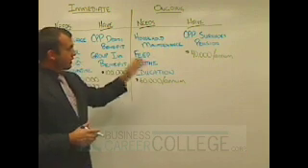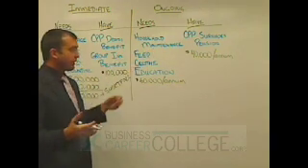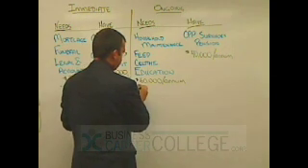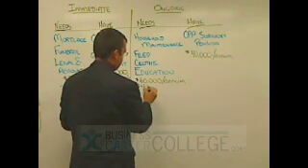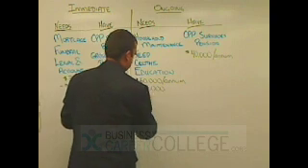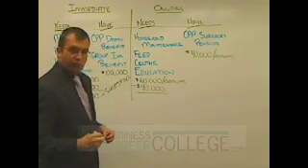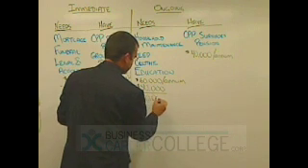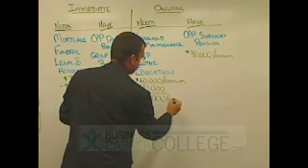We can now go to this side of the equation. We say, okay, what's the problem here? Well, we have a shortfall here of $20,000 per annum.